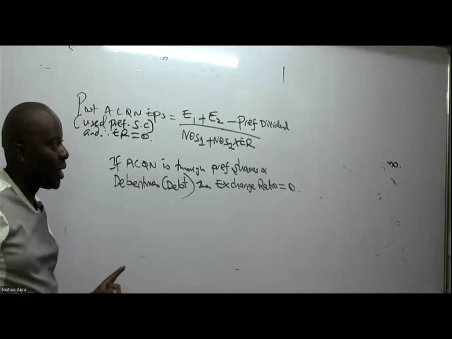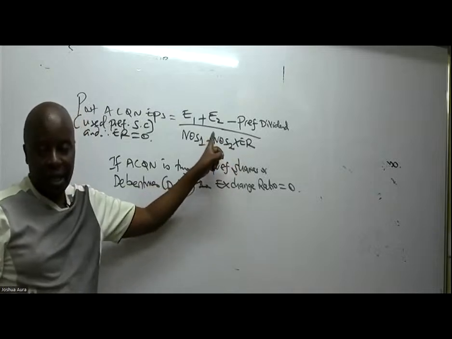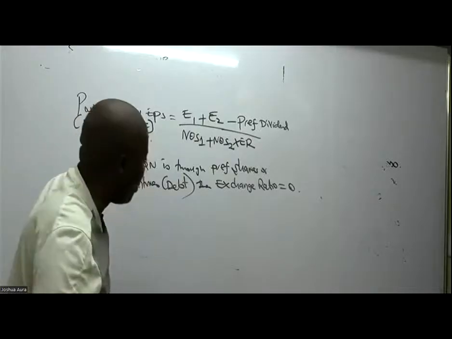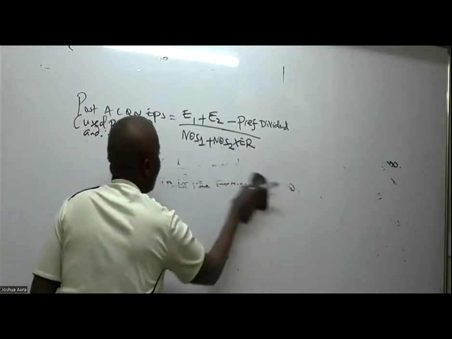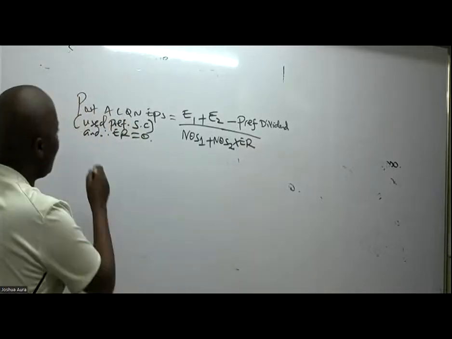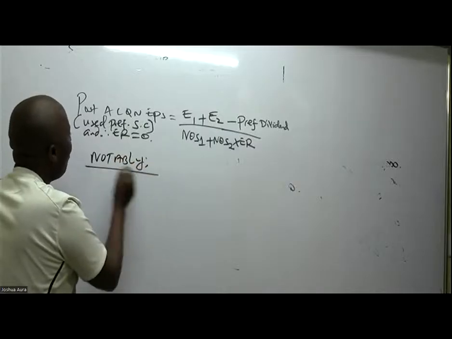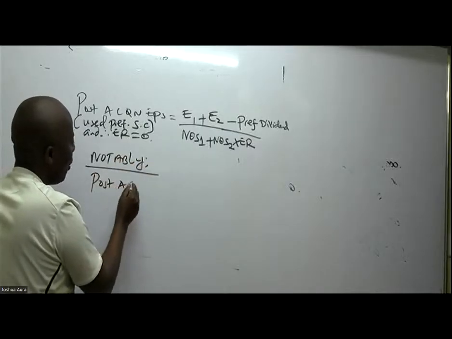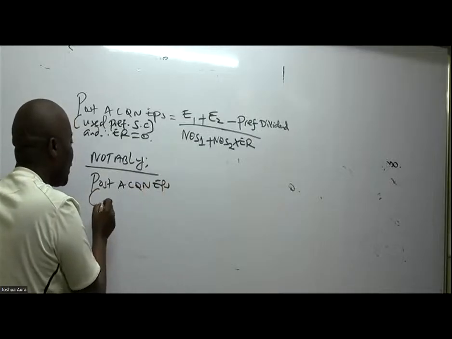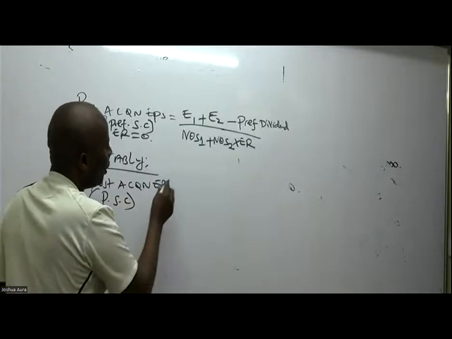This is very interesting. If this exchange ratio is 0, then I can see something disappearing. And ladies and gentlemen, this is now very important. What we are saying there is that notably, our post-acquisition EPS, where we are using, in this case here, preference share capital, will be looking like this.